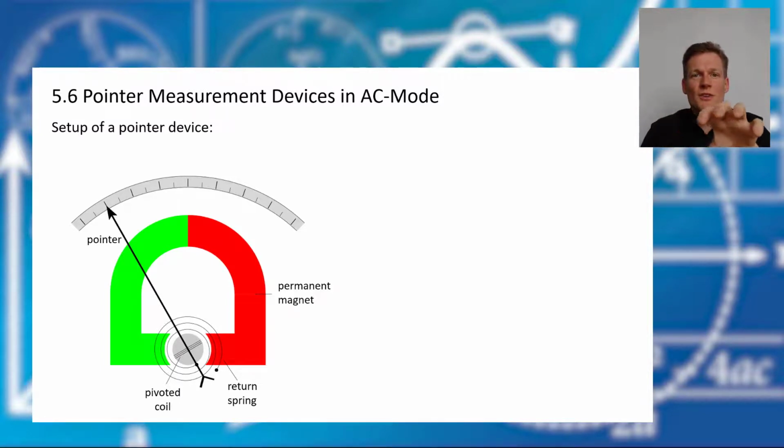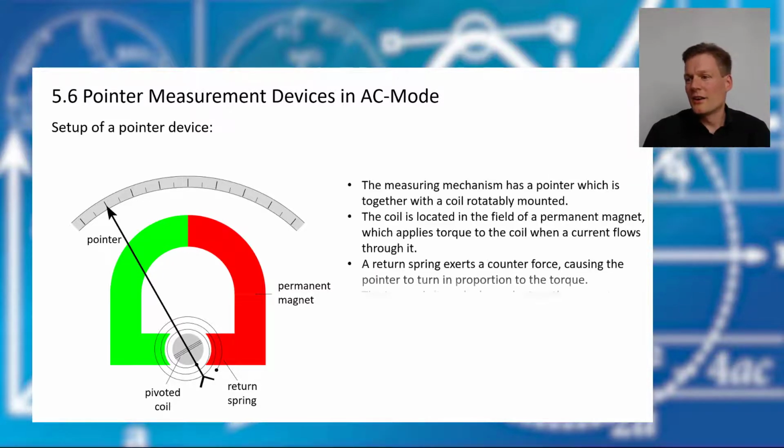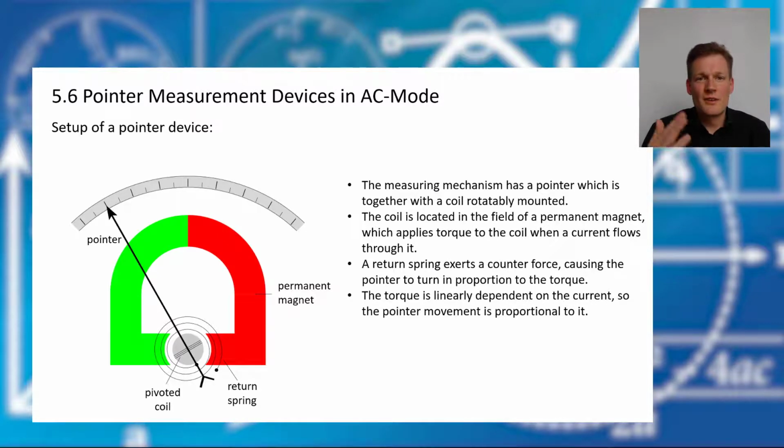The small coil wants to rotate until its north pole is directed to the south pole of the external magnet. But there is the return spring and it produces a counterforce, and therefore we will have a stable situation for our small coil and the pointer, and it will stay at a special point. And if the current is bigger, the pointer will show a higher value. Okay, and here is what I just said, so you can reread it when you go through your handout.